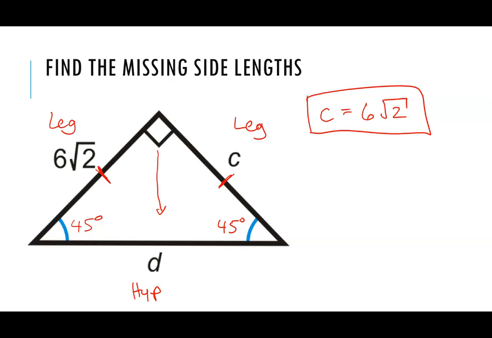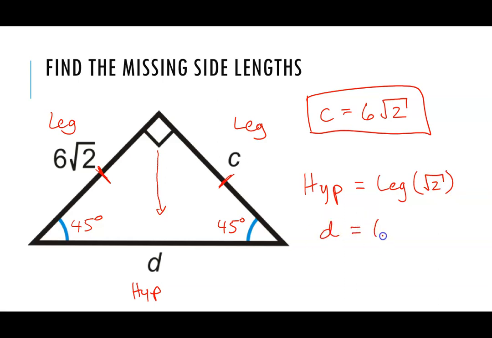Now if we want to solve for D, let's put the 6 square root 2 into the equation that has the relationship between the leg and the hypotenuse. The hypotenuse of a 45-45-90 triangle will always be equal to the leg times the square root of 2. Since the hypotenuse is the unknown, we'll put D in there.